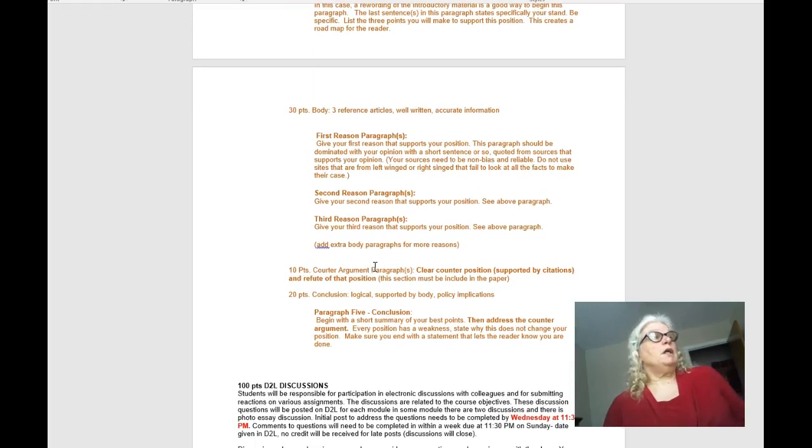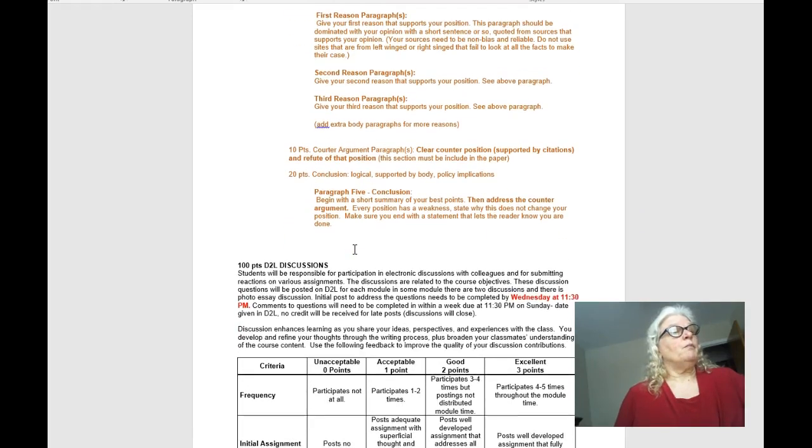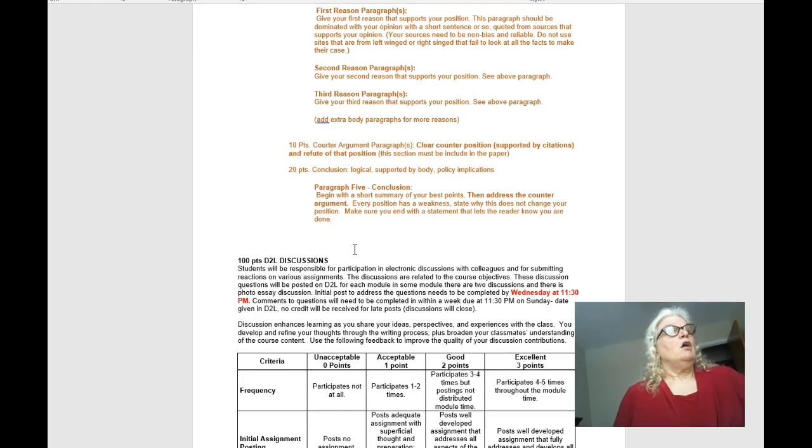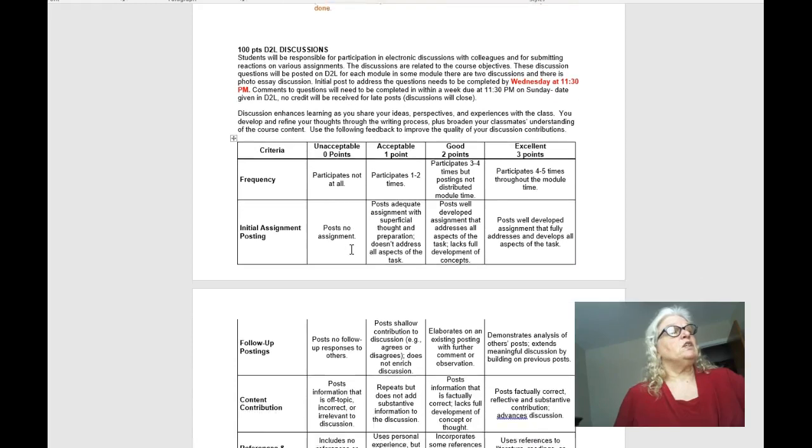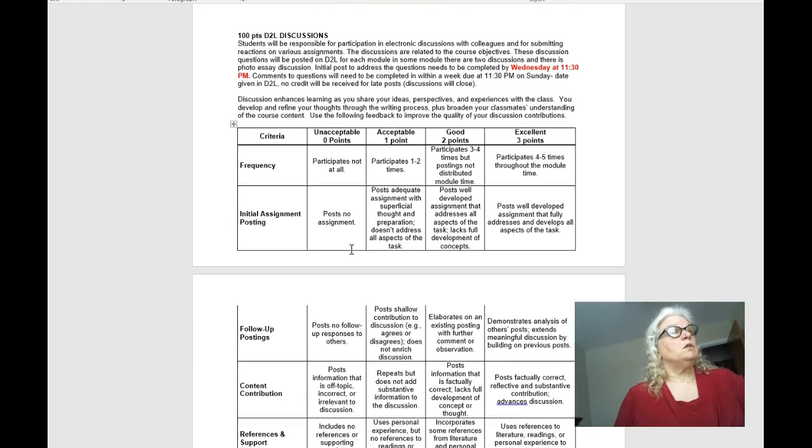You are to use APA format for this class, and information on that is also available to you on D2L. The last section for grading is discussion boards. For each module, you will have at least one discussion board, sometimes two. You will be graded through the following rubric.